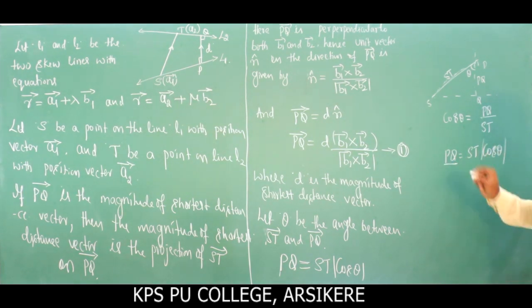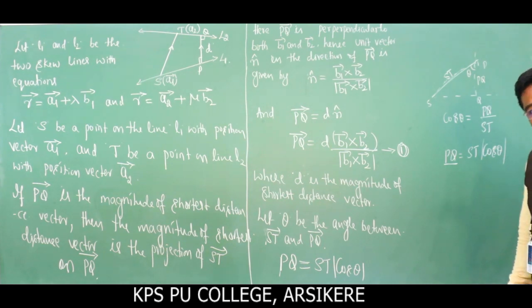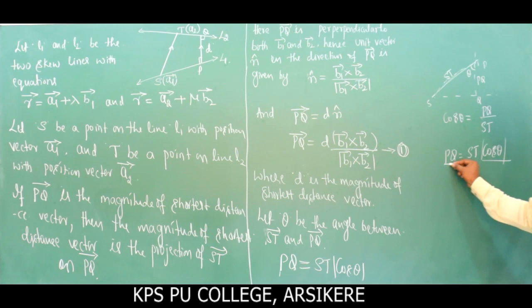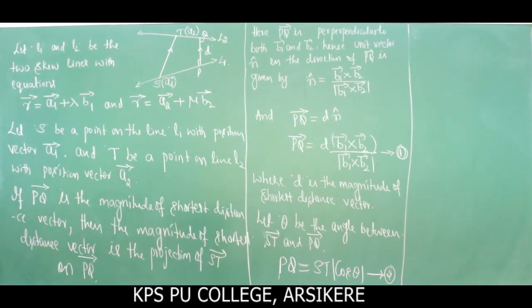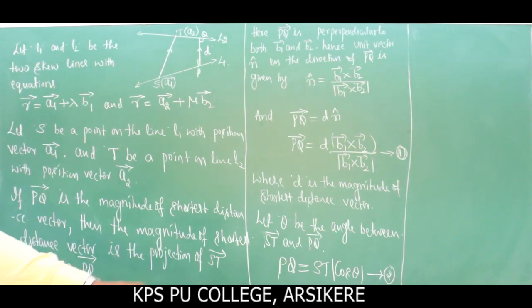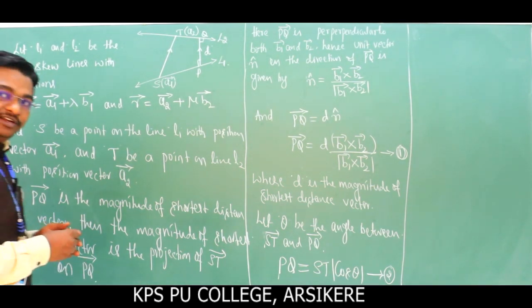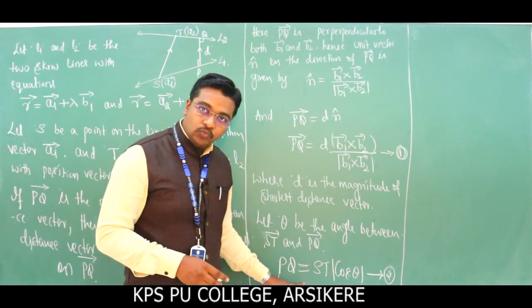Because obviously the distance PQ is always non-negative. That's why we take modulus here. Take a pause and note down all the things I have written here. Call this equation number 2. So PQ is equal to ST into modulus of cos theta.